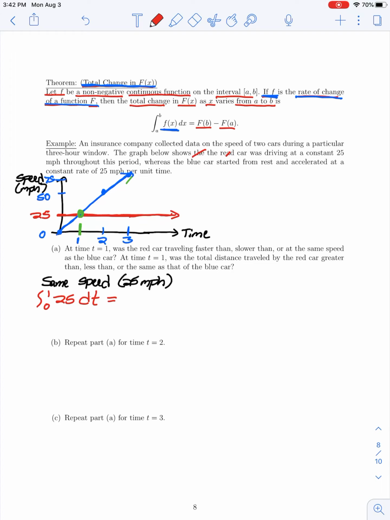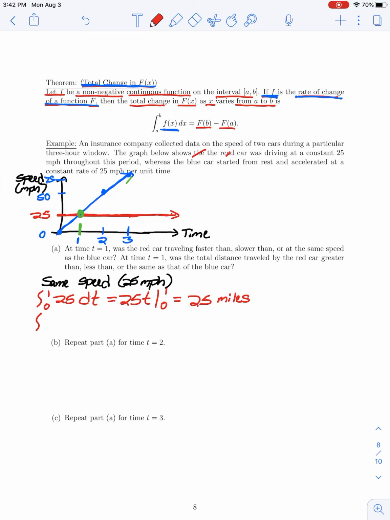And we see that we would have an antiderivative of 25t, evaluating from 0 to 1, gives us 25 times 1 minus 0, or just 25, measured in miles here, since speed was in miles per hour.